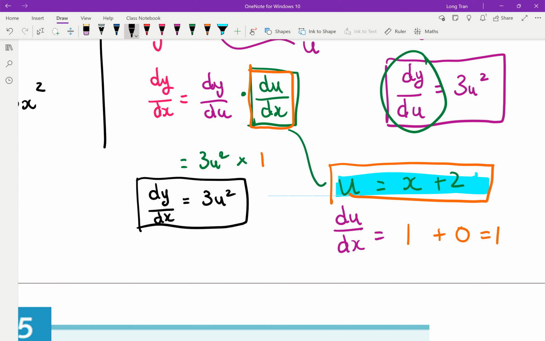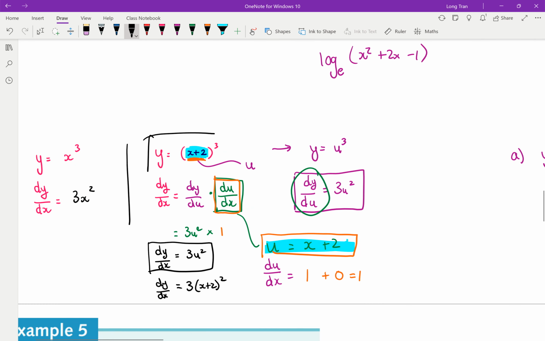Yeah, because you said u was equal to x plus 2. So your answer should be 3 times x plus 2 squared. There you go. So instead of expanding this bracket before, that's a more concise answer. And that's the derivative of something like that.